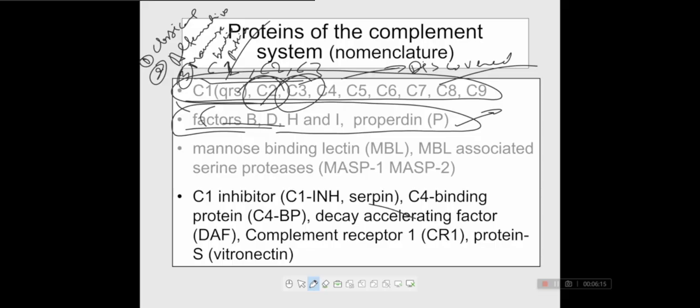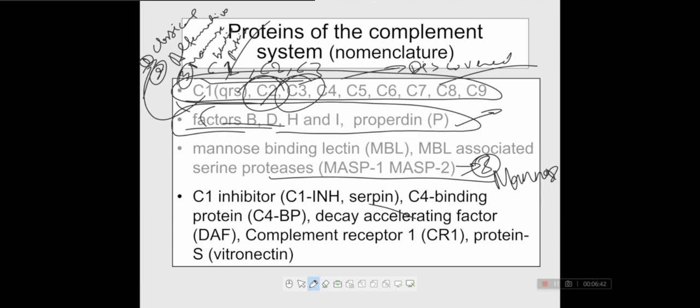So C1 is in the classical pathway, factors B and D are in the alternative pathway, and the mannose binding lectin and MBL associated serine proteases help in the third pathway, the mannose binding pathway.